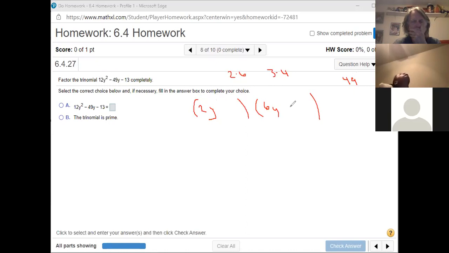So if I put in a 13, I'm going to change colors here. If I were to put in a 13, 2 times 13 is 26, and 1 times that's a 6, that's not 49.